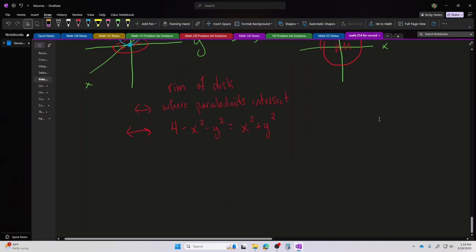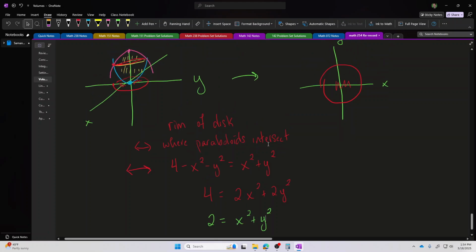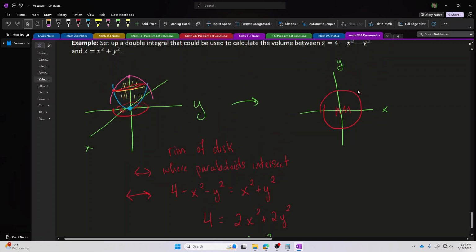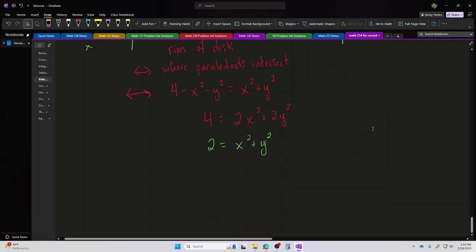If I solve this to rewrite it in a more familiar format, first by gathering all the like terms together and then dividing out that 2, I find that this outer rim here of my disk, of my region of integration, is a circle of radius square root 2.